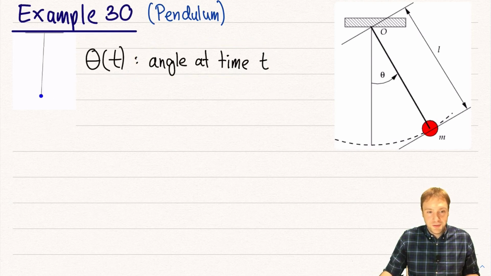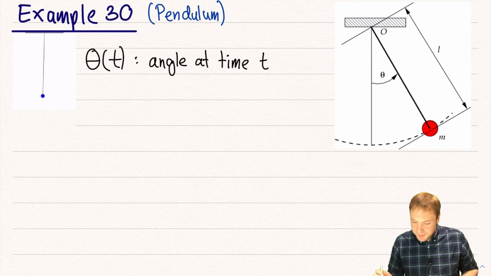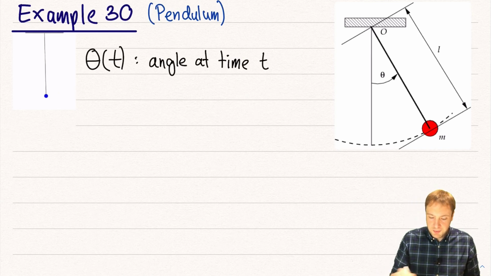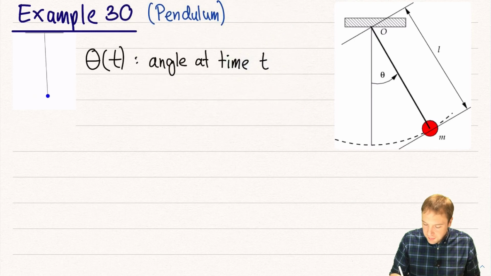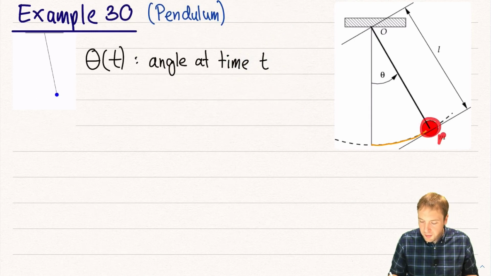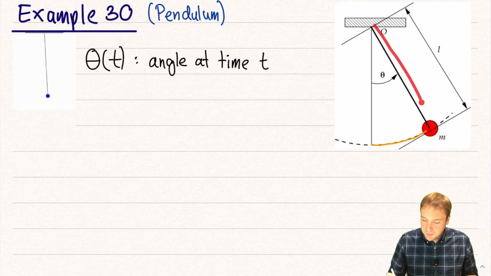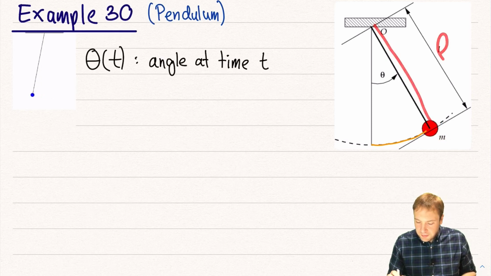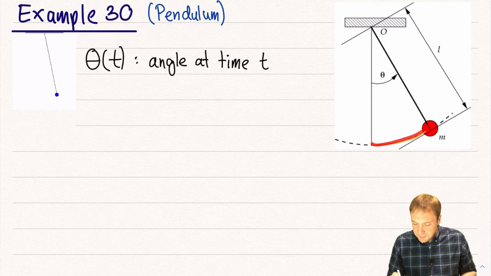Okay, so what is the position at time t? If we look here, first we have some ball of mass m, and the length of this stick is L, and it moves on this circle path.